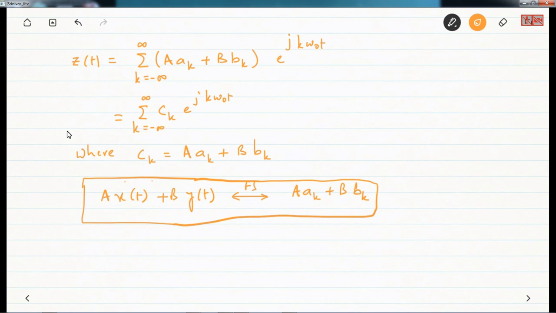So when x of t's Fourier coefficients are ak, and when y of t's Fourier coefficients are bk, then a times x of t plus b times y of t will have its Fourier coefficients as capital A times ak plus capital B times bk. So this is the linearity property.